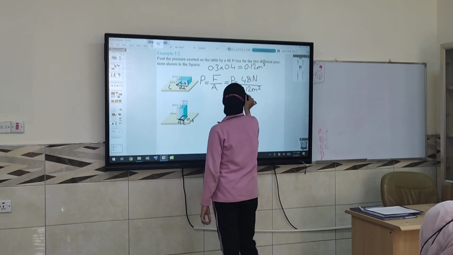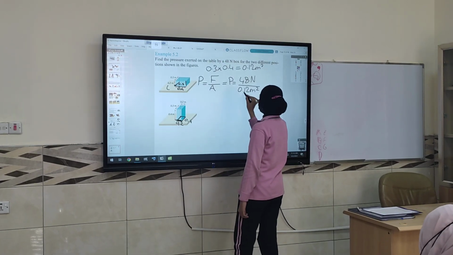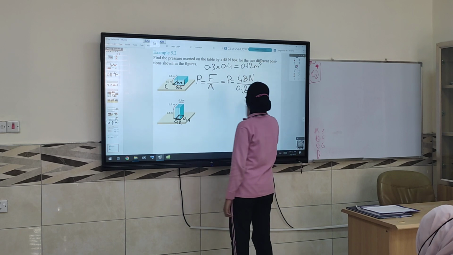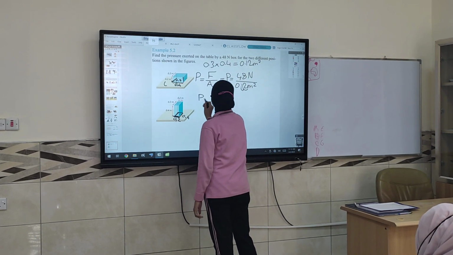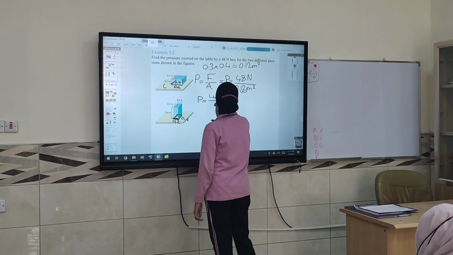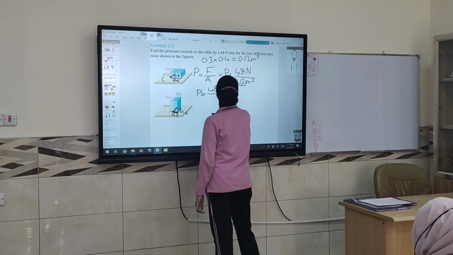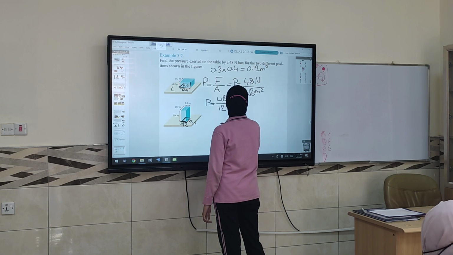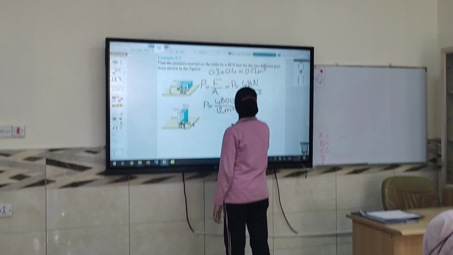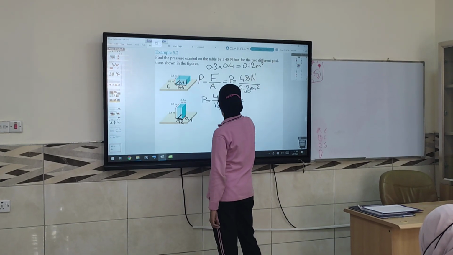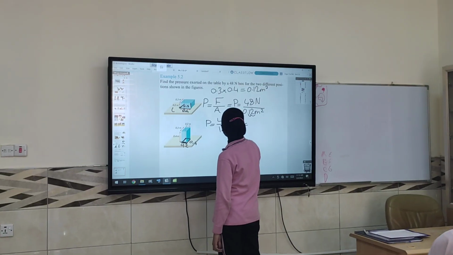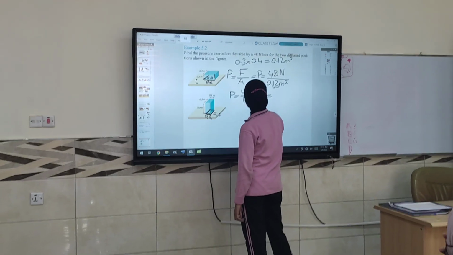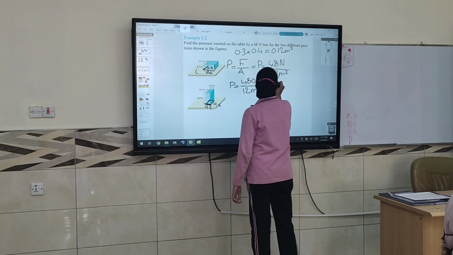And then we will move the decimal point 2 steps, and we will add 2 zeros. And then 12, how many 12 in 48? 4. 4.